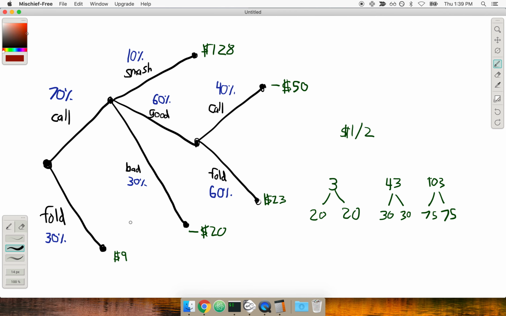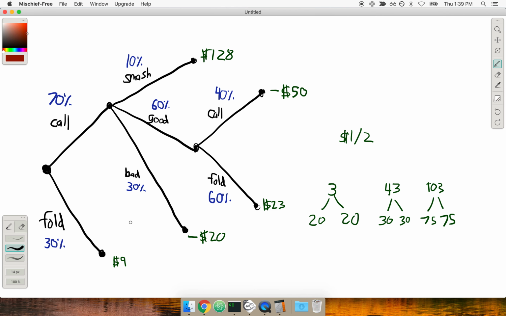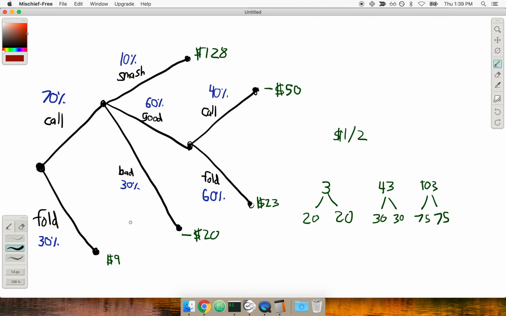So now with all this information, now we can really start to compute what the expected value is. And what we want to do is look at all the possible outcomes, kind of. So I'll show you what I mean. One outcome is that we just get a fold right away. So let's write that down. Another outcome is that we call and then we smash the flop. So let's write call and then smash.